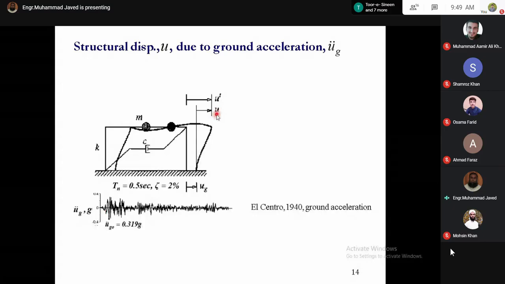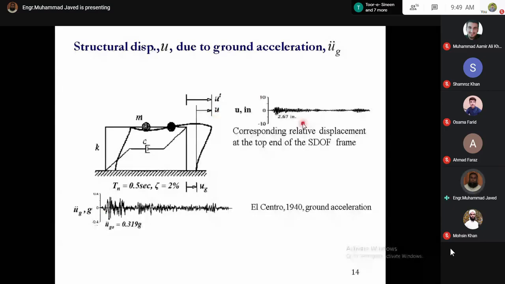So this shows that for this structure with these characteristics and subjected to El Centro 1940 earthquake, the displacement time variation of the structural system will be this, and in this the peak structural displacement is 2.67 inch.